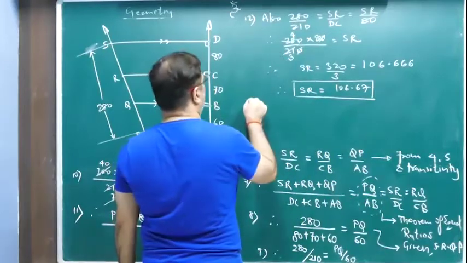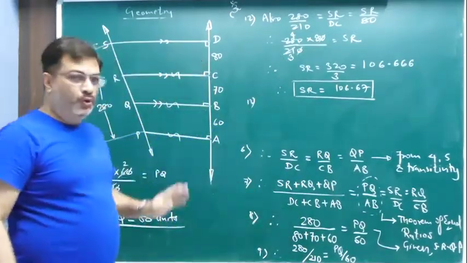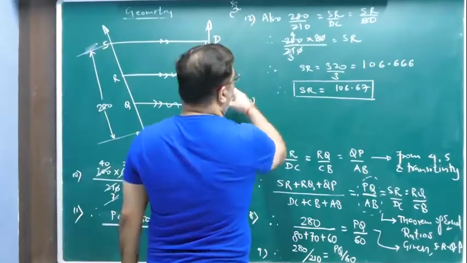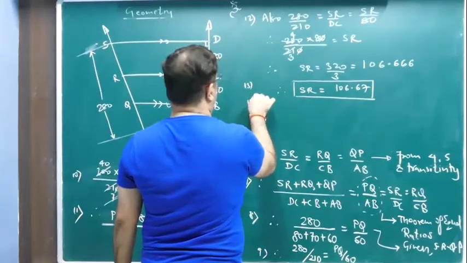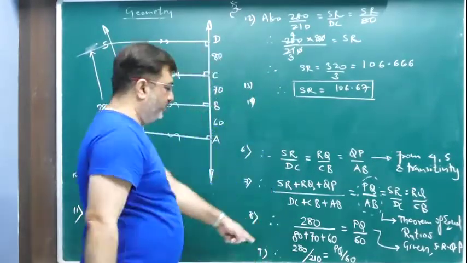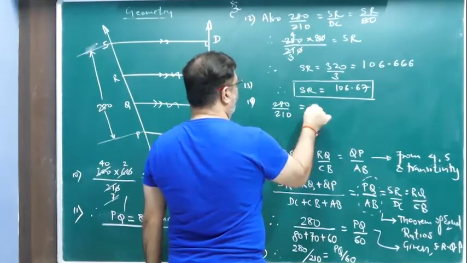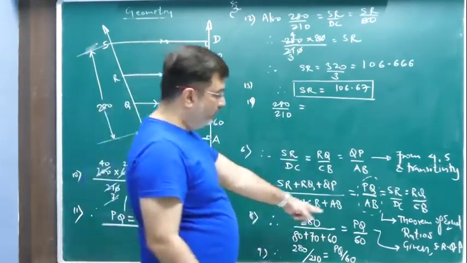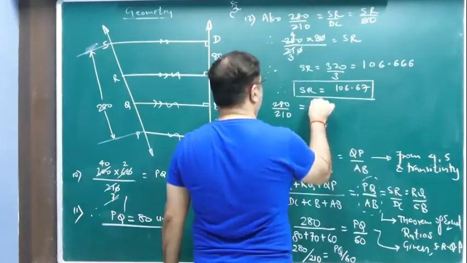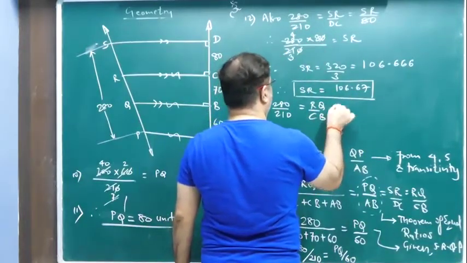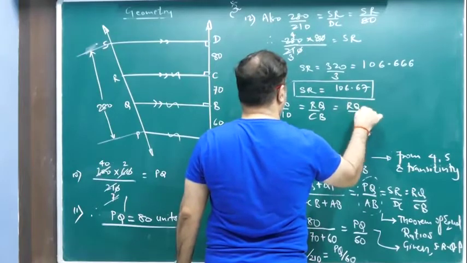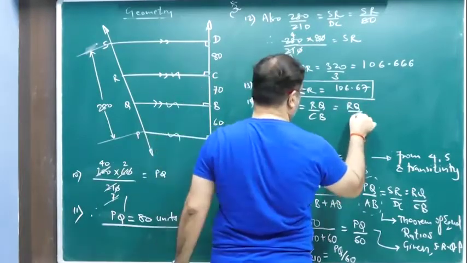Now what we will do? We will go to the other ratio. So this is the 12th one, we will say this as the 13th one, now we go to the 14th one. So for the 14th one again we will start from the same, 280 upon 210 is equal to, now the third ratio, RQ upon CB. RQ upon CB, we know CB is how much? 70.